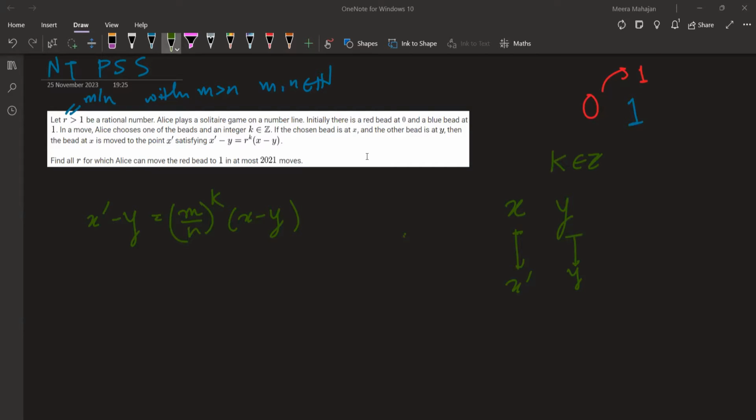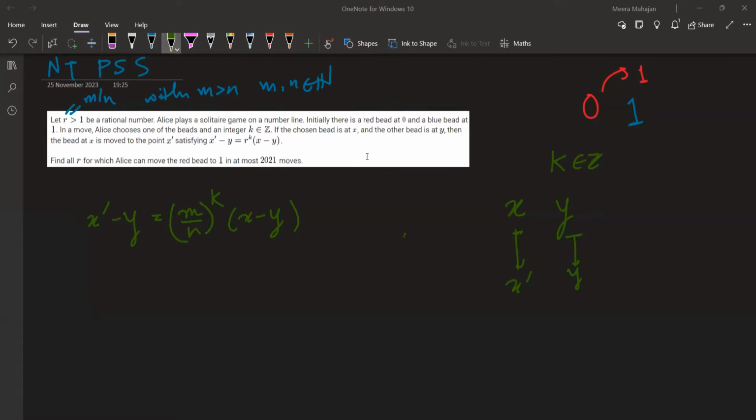Okay, does anybody have any ideas? This would imply that x dash is greater than x. Yes.